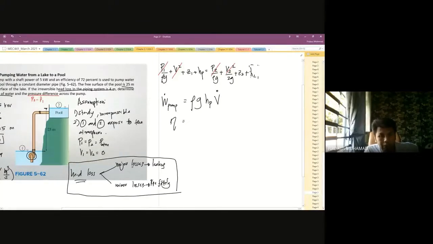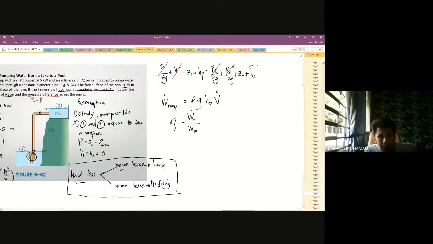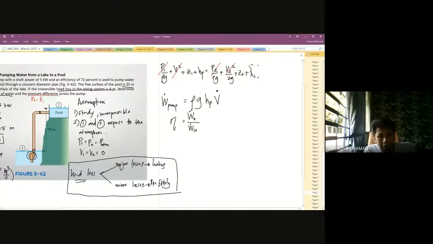Okay, definition untuk efficiency, work actual bahagi dengan work supply ataupun work in. Okay, this is equation untuk efficiency.